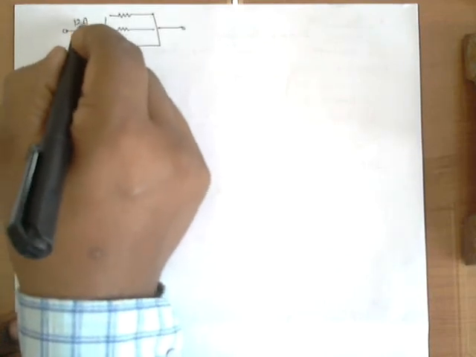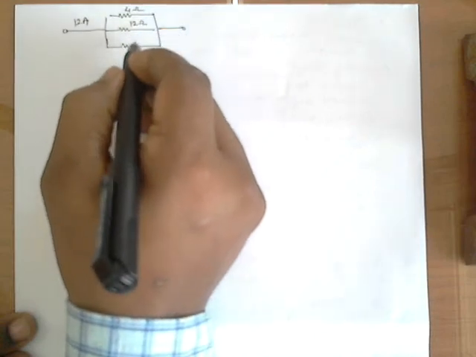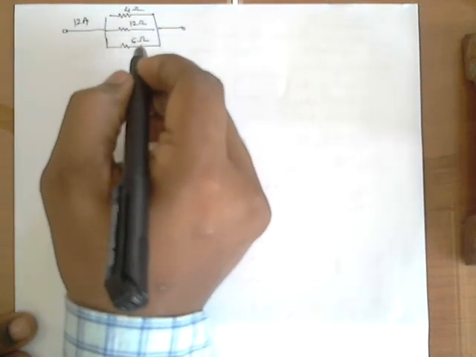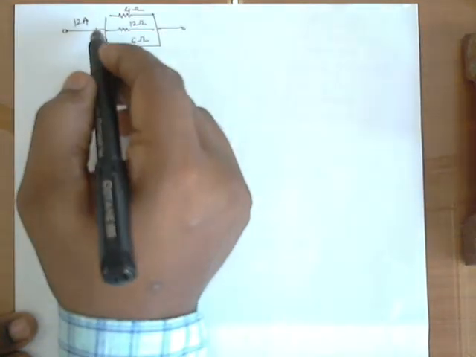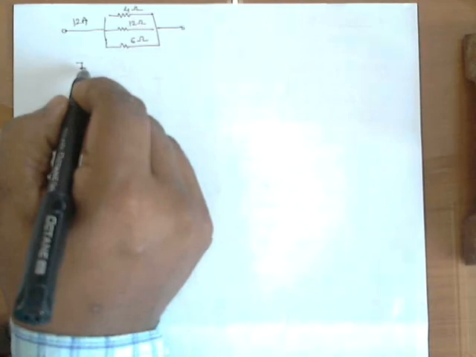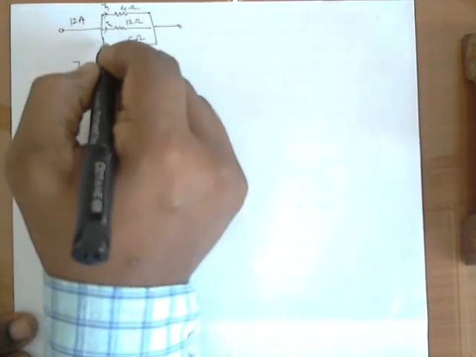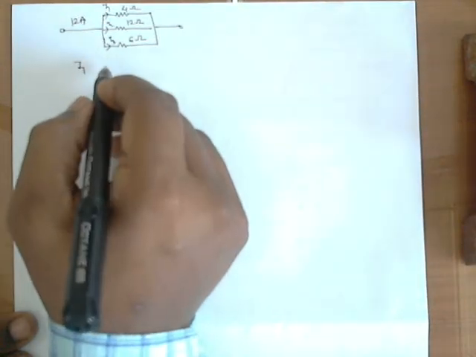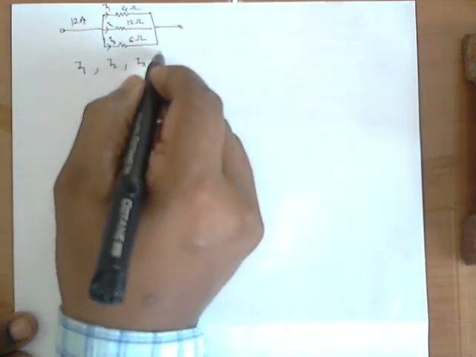This is 12 ampere. Okay, this is 4 ohm. This is 12 ohm and this is 6 ohm. These three resistances are given. Total current is given. Now tell me what is I1. This is I1. This is I2. This is I3. Find out I1, I2 and I3.